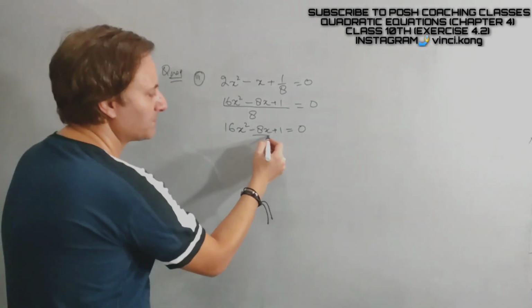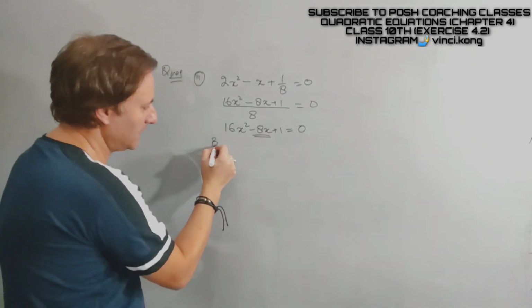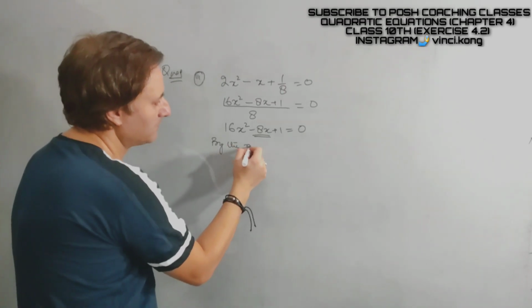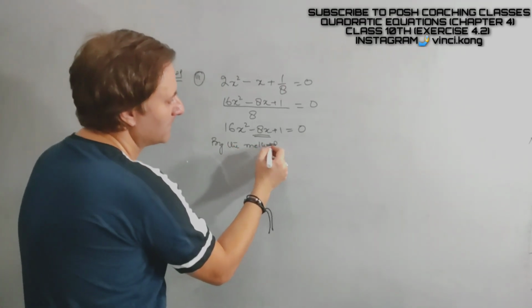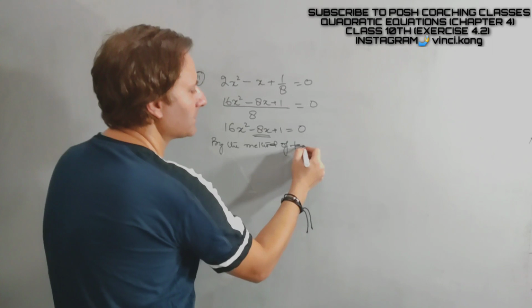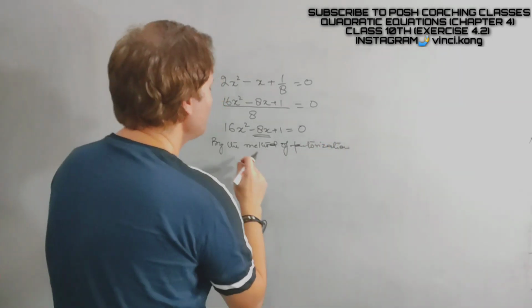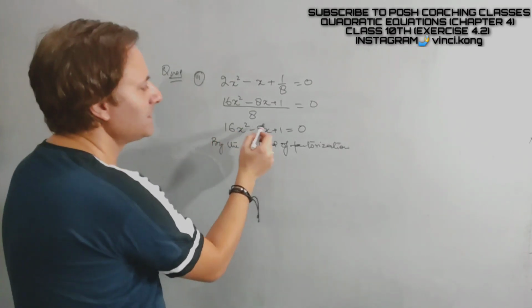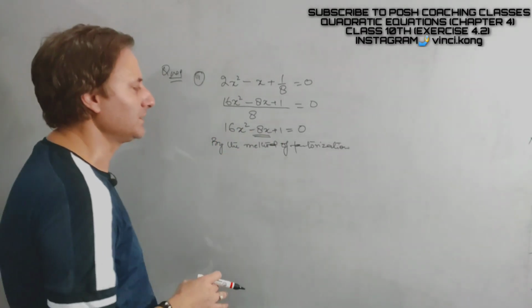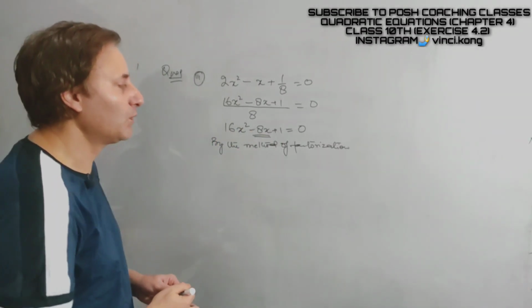Now we have to split this term by the method of factorization. So what are we going to do? We are going to split this term. 16 multiplied by 1 is 16. So we require two terms.